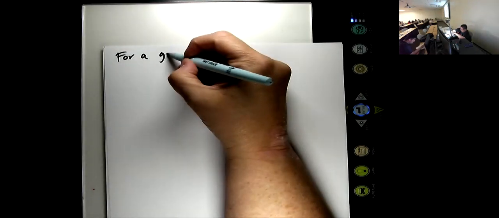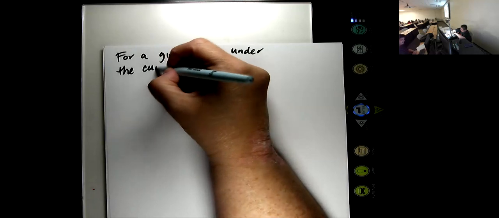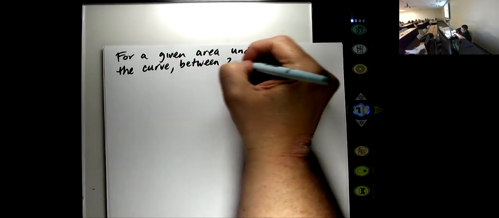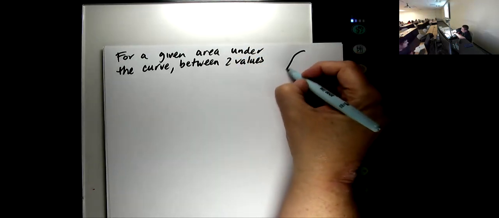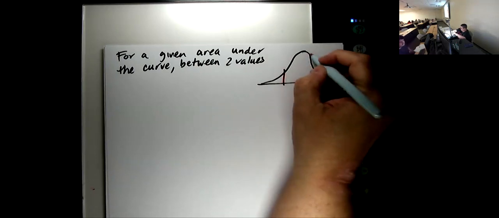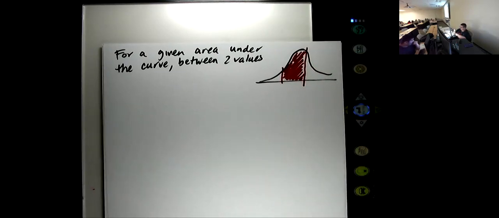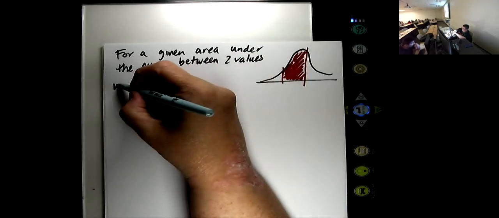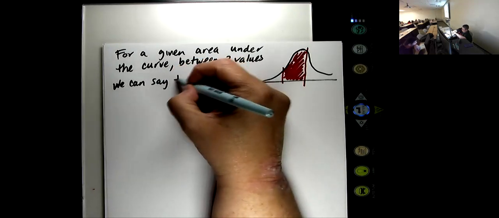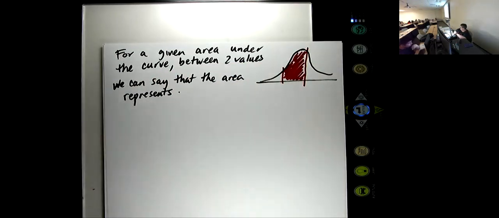So for a given area under the curve, like between two values, we can say that the area represents, there's two ways of looking at it.